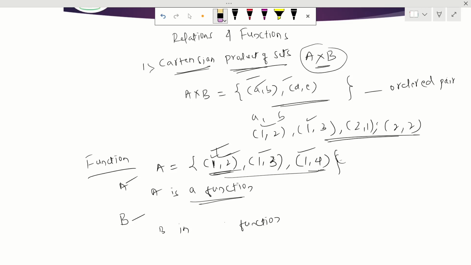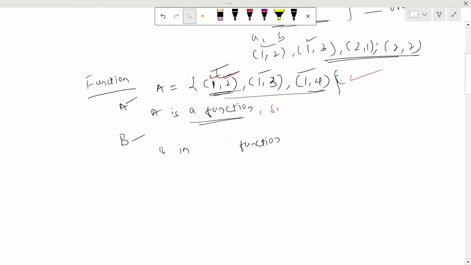This set A has no repeated pairs, and within the pairs the elements are also not repeated. So this set has a single image, therefore A has a function relation.